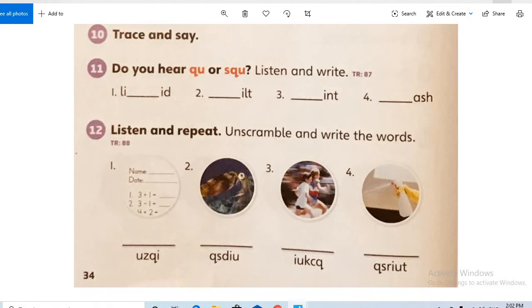Do you hear QU or SQU? 1. Liquid. 2. Quilt. 3. Squint. 4. Squash.